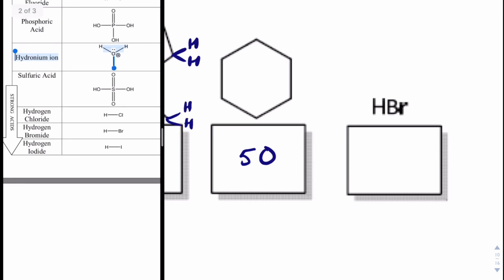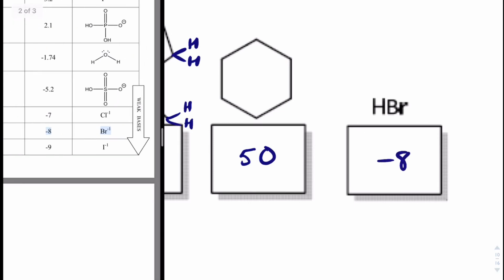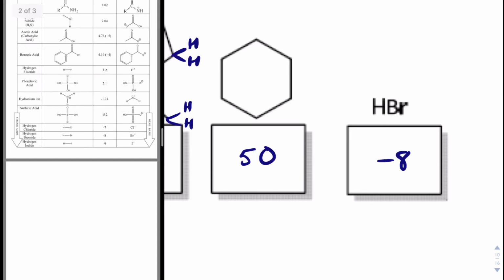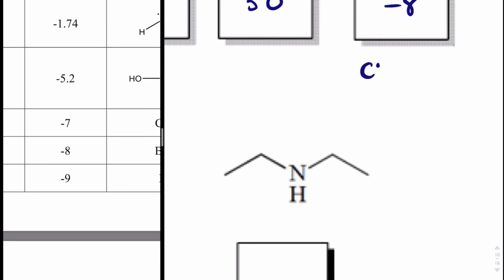HBr, that's specifically on here. That pKa would be -8. Okay, and one thing that's kind of interesting, when you go to college and you have to memorize these, you'd find chlorine on your periodic table, and then underneath chlorine is bromine, and then underneath bromine is iodine. This is just from the periodic table, the halogens.